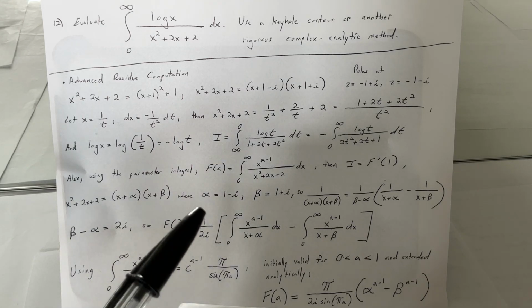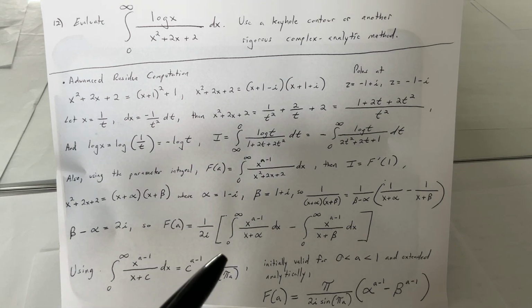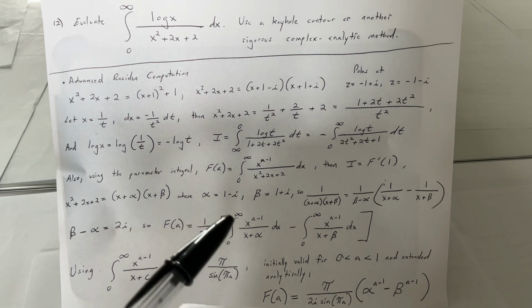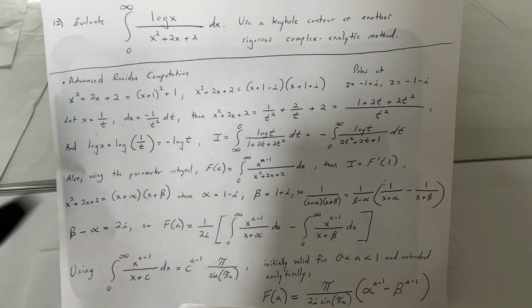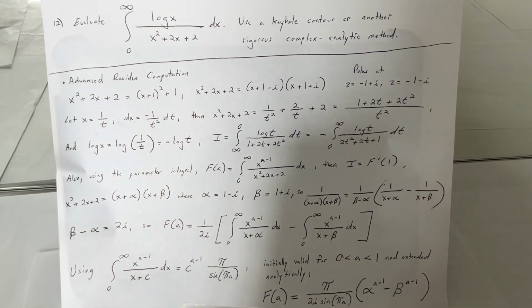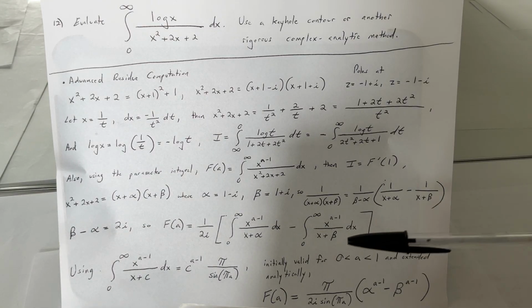So f of a equals 1 over 2i, bracket, integral 0 to infinity of x to the a minus 1 over x plus alpha dx minus the integral of 0 to infinity x to the a minus 1 over x plus beta dx, closed bracket.